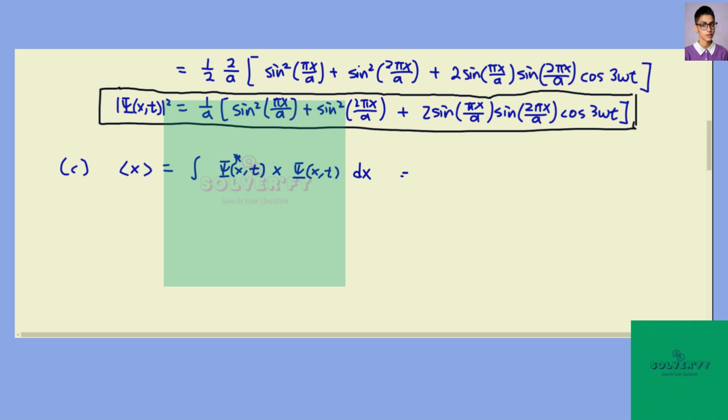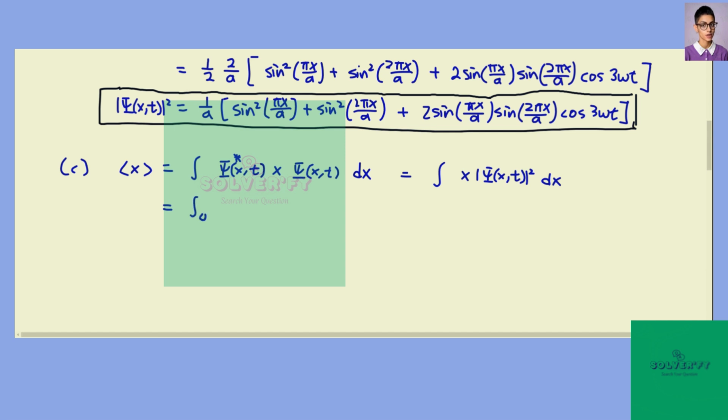dx. And since x doesn't operate, since x can be moved everywhere, so you actually get this x times mod psi squared. Okay, so then you just need to copy what you have in the previous question to here.